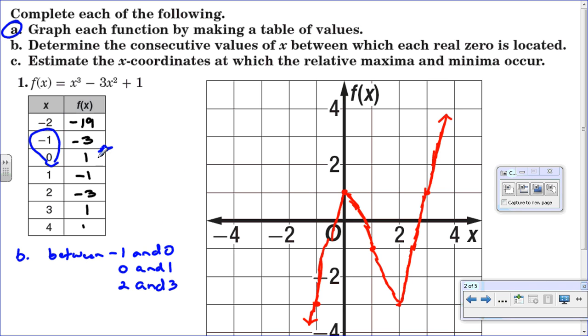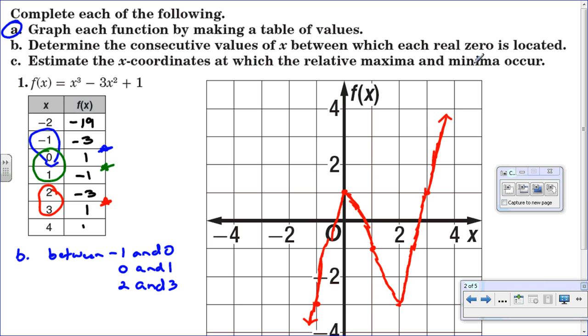And I see another sign change coming right here from 1 to -1. That means I've got another zero occurring right there, just like we see. And I see one more sign change happening right here between 2 and 3. And that's that.